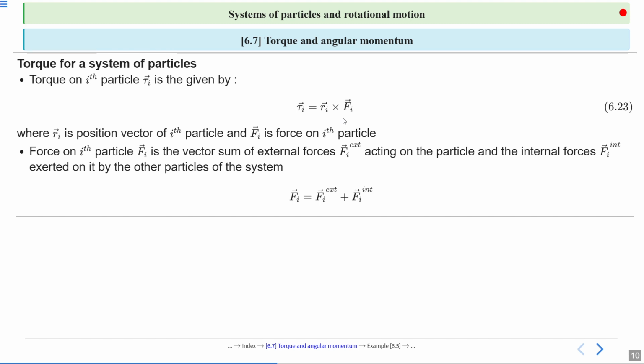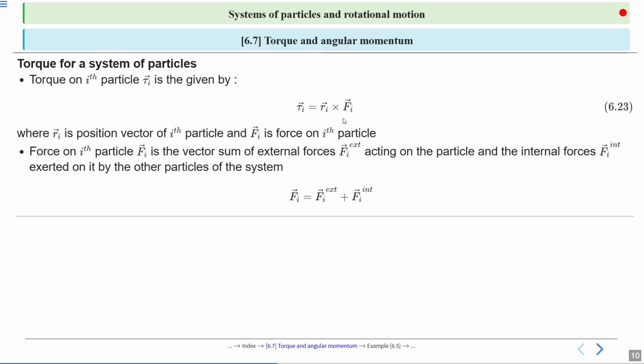Now, the important concept here is force. Two types of force are present: first, internal force, and second, external force. The force on the ith particle, Fi, is the vector sum of the external force Fi external acting on the particle and the internal force Fi internal exerted by the other particles of the system.